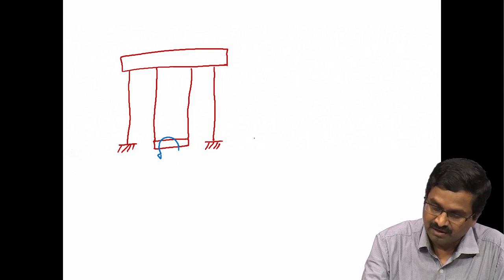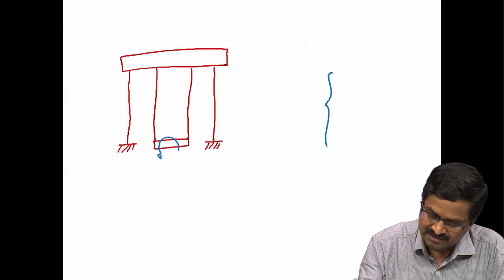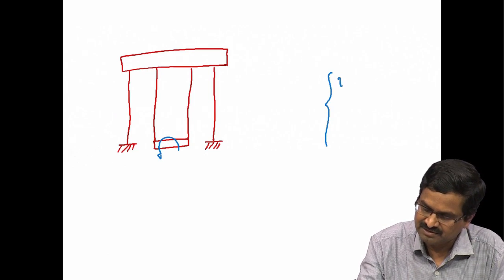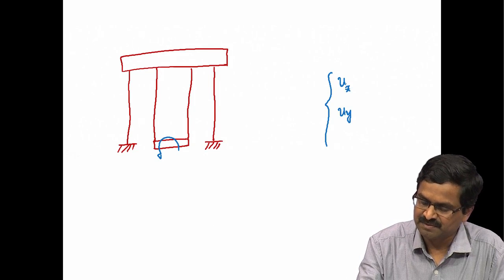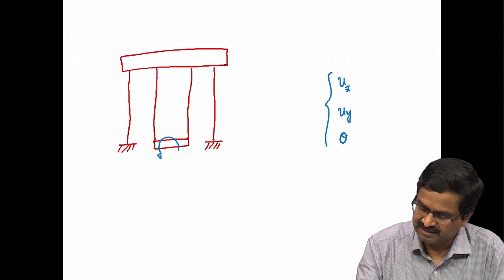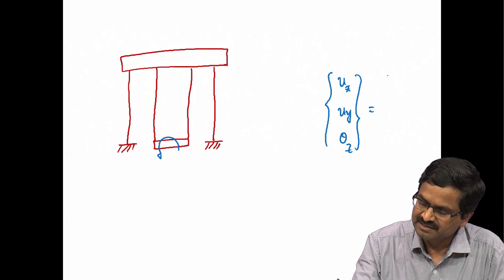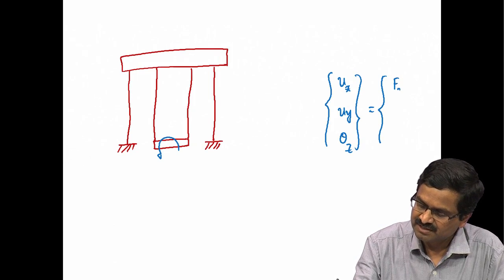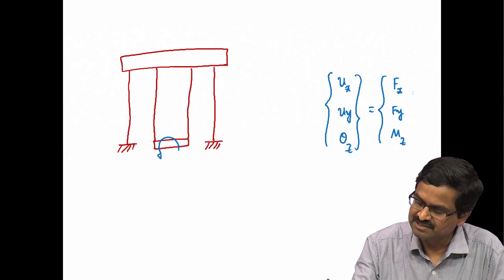Why does it do that? Because of the 3 degrees of freedom of this one, if I call them ux, uy, x displacement, y displacement and theta z, these will have corresponding forces Fx, Fy and moment Mz that we just applied.